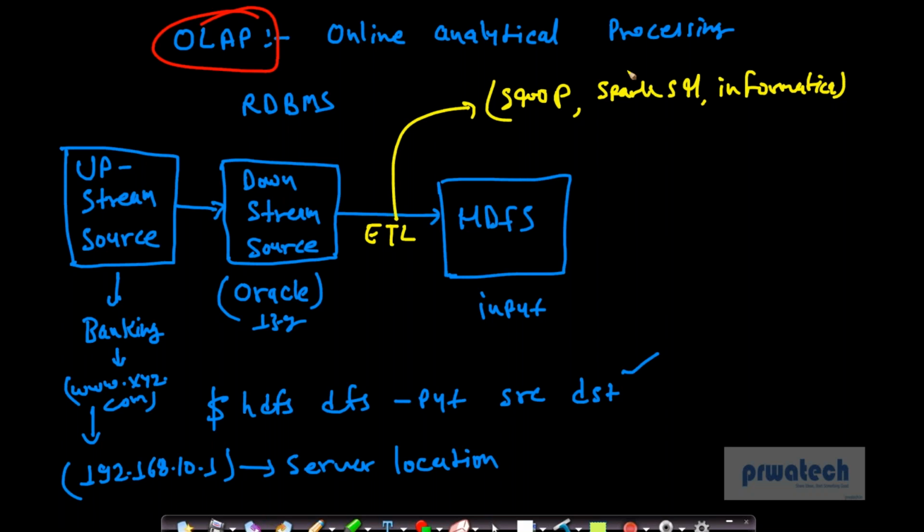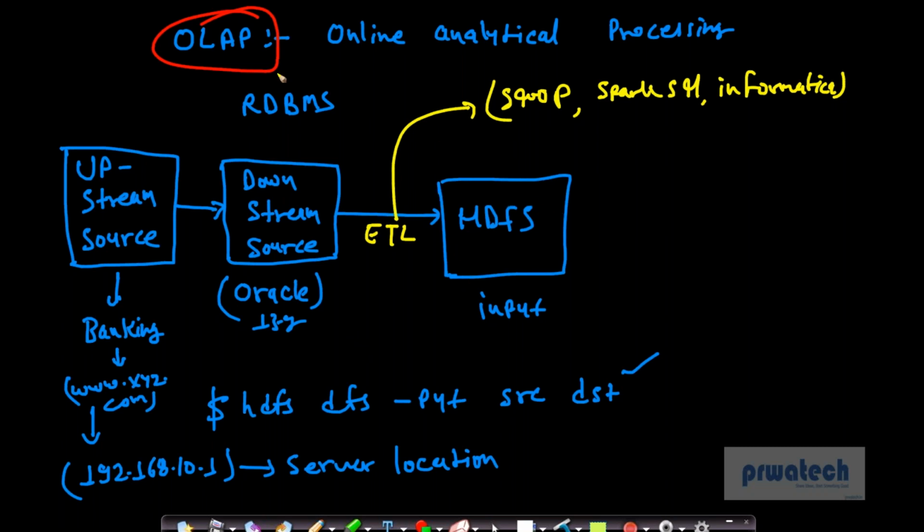So principal architect means I need to know why specifically I'm using Scoop. Do we have any reason based on the application? Do we have any reason based on the problem statement? Once I know that Scoop is fitting best, or Spark SQL is fitting best, then I can opt for it and start extracting this data to HDFS.